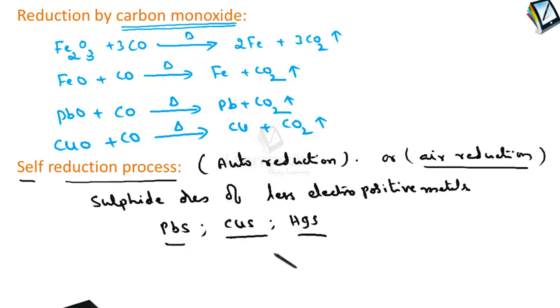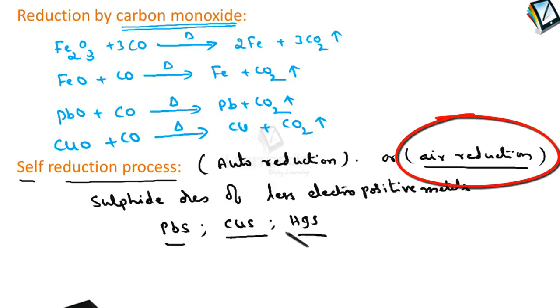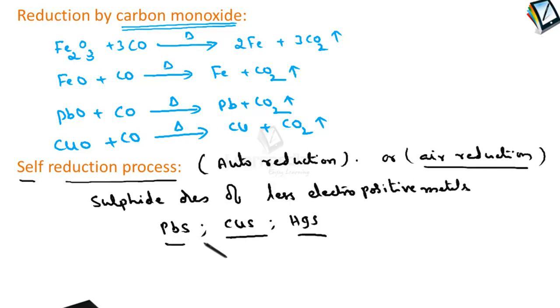But what exactly will happen during this process? When these sulfide ores of less electropositive metals such as lead sulfide, copper sulfide, mercuric sulfide are heated in air, that's why it is called air reduction, a part of the sulfide ore will be converted into the oxide form, or sometimes the sulfate. This oxide form of the lead that is formed, that is PbO, will further react with the lead sulfide on heating to give lead metal directly.